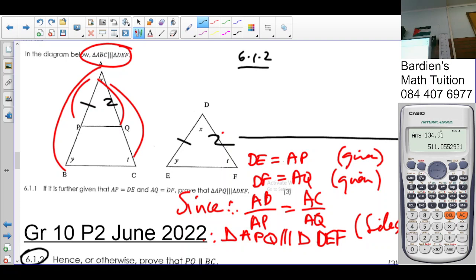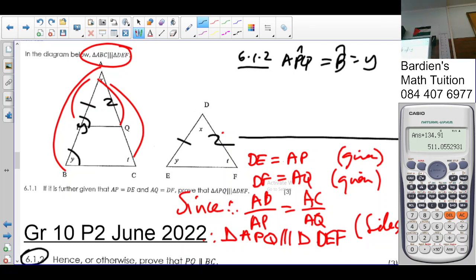Not so? So which means to say that this angle there, APQ, has to be equal to angle B, which is equal to 1. Why is that the case? Not because of the corresponding sides. Remember, we must prove that it's parallel. Corresponding is based on the fact that it's parallel.